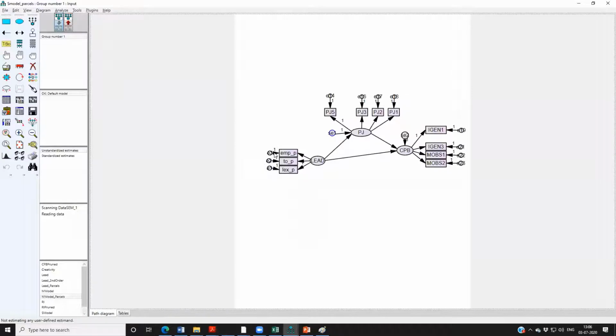And if your items were having good reliability, then the underlying covariances are going to get captured even by this structure. So again, I am repeating, parceling is a good method to reduce the complexity of your model.